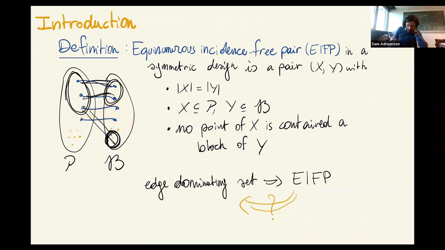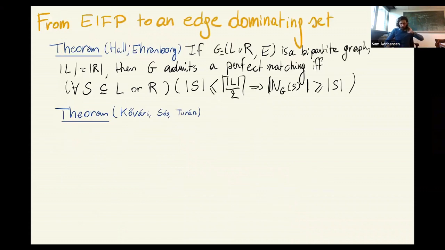And you can use this to give some nice bounds that prove that your graph is expanding, in the sense that if you take some subset S, then its neighborhood will be large enough. And one way to quantify this is using the Kővári-Sós-Turán theorem. So if you apply this to the incidence graph of a symmetric design.